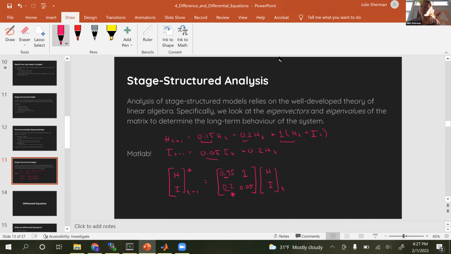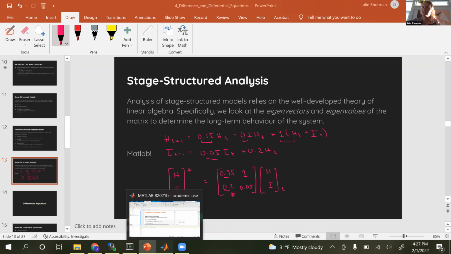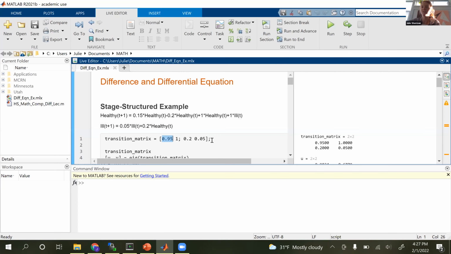So now that we know where this matrix came from, I'm going to switch over to MATLAB. And you can see that we just created this exact same matrix here.